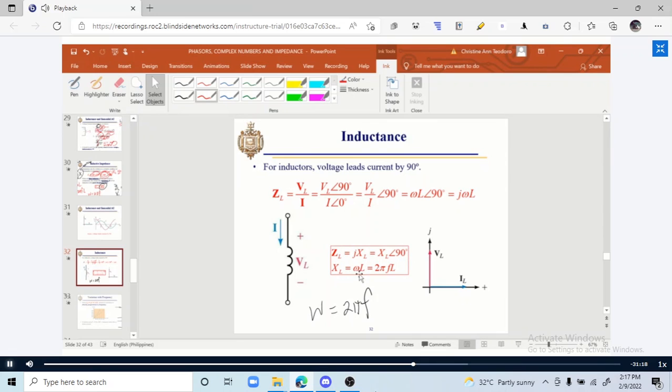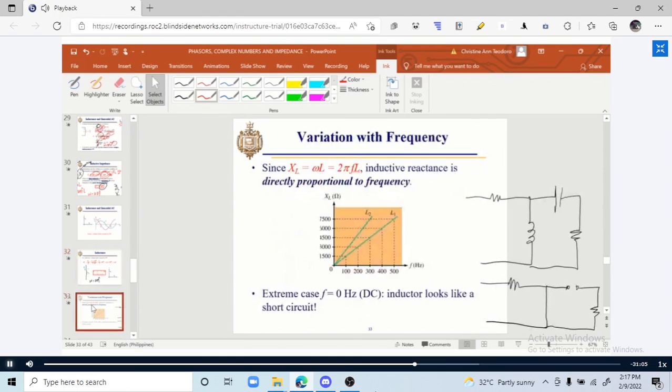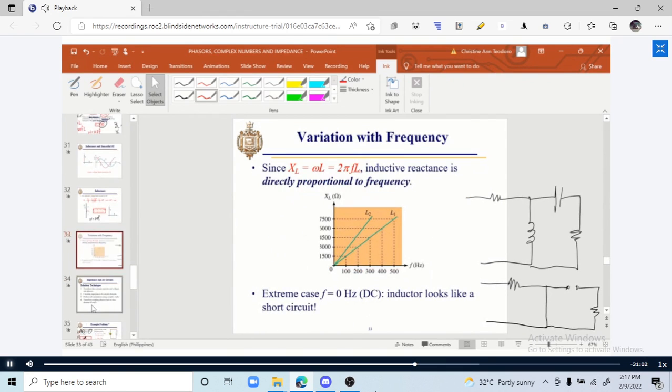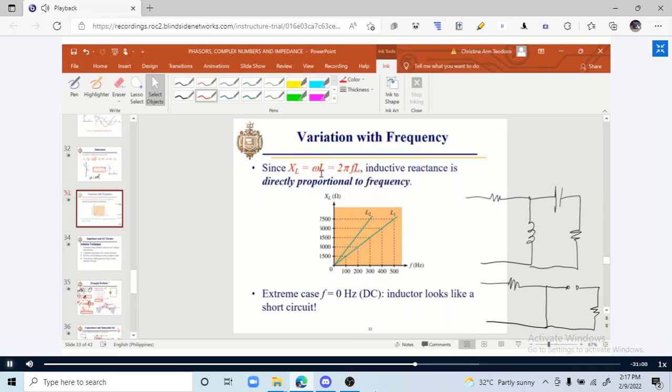We can also say that ZL is equal to jXL, or XL angle 90 degrees, wherein XL is equal to omega L, and XL can also be equal to 2 pi FL, since omega is equal to 2 pi F. So always remember these equations.